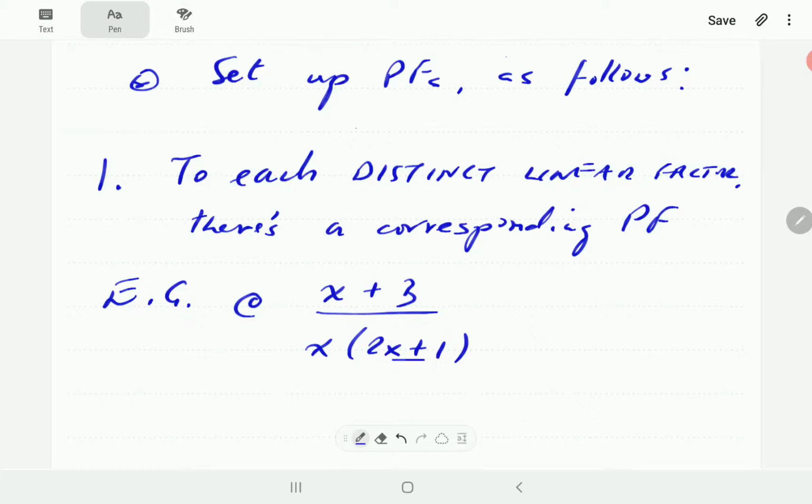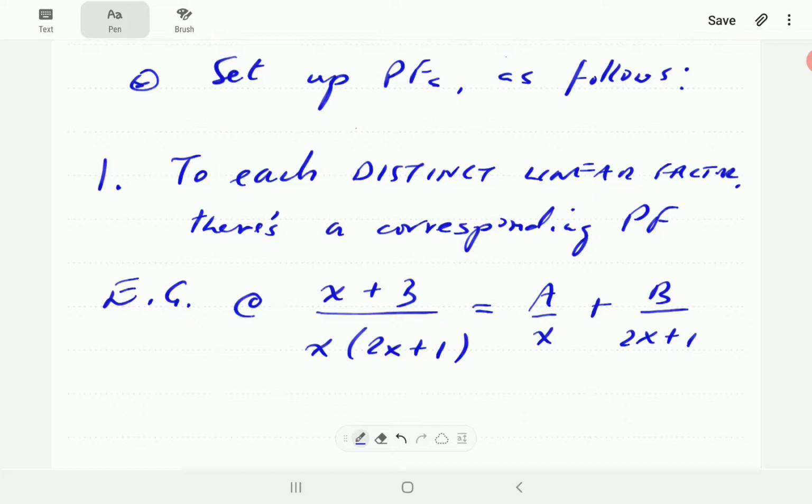So that's linear and that's linear. In this case, for each factor, the two factors here, x and 2x plus 1, each one will have a corresponding partial fraction. The first one is going to be A over x. The second one is going to be B over 2x plus 1. A and B are constants that are to be found, but we're going to do that in the next video.